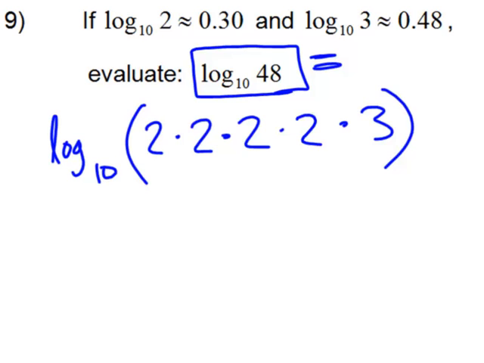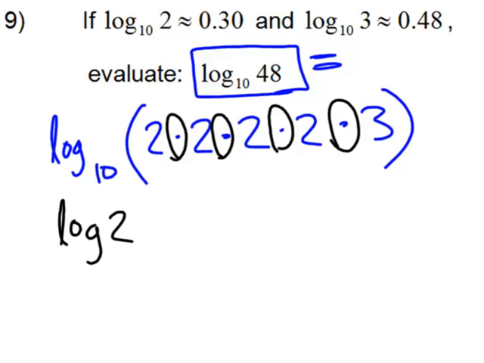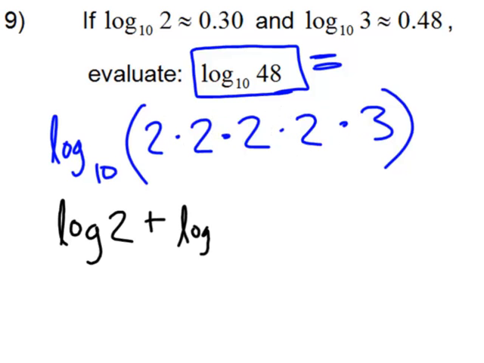According to those log properties that we just reviewed, that translates into common log. I put a 10 up here, but I'm going to go back to dropping it. I'm being a little inconsistent there, but I hope that's not throwing you off. The multiplication that appears here translates into addition. So I've got log 2 plus another log 2 plus another log 2.